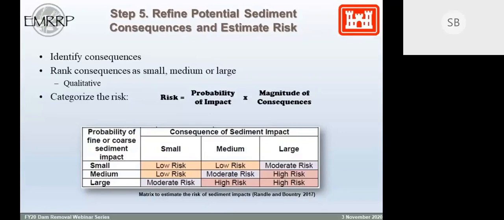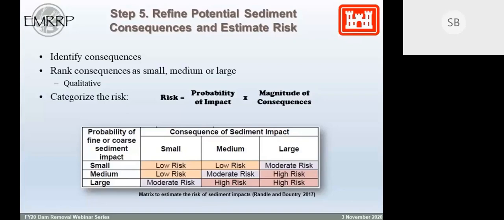Now, our consequences are going to depend on both the magnitude of the impact and the duration, as well as the potential for recovery. So consequences can also be ranked as small, medium, or large. For instance, small consequences might be cases like in an undeveloped area where there's no infrastructure or property to be impacted.